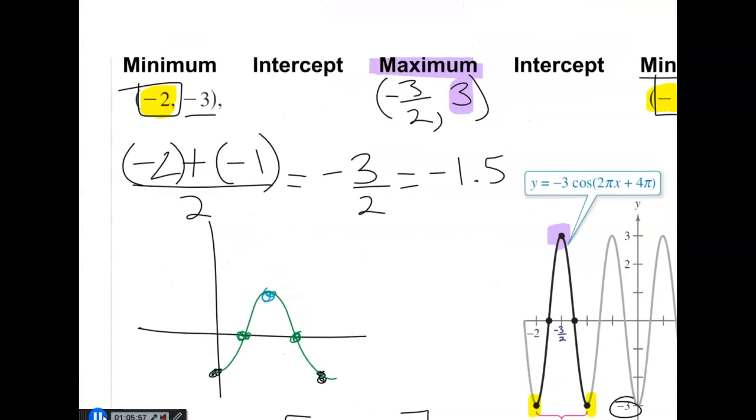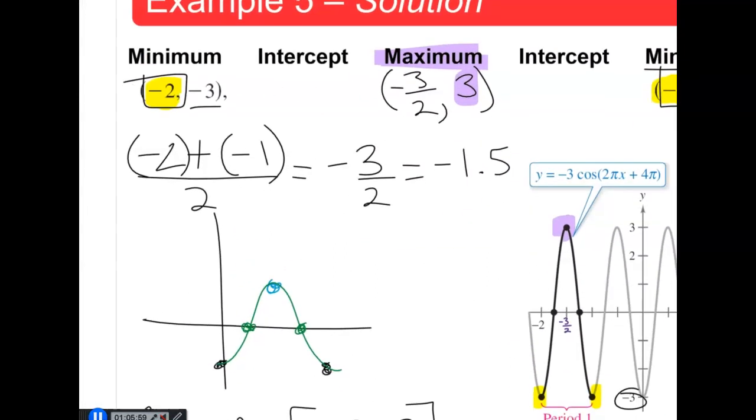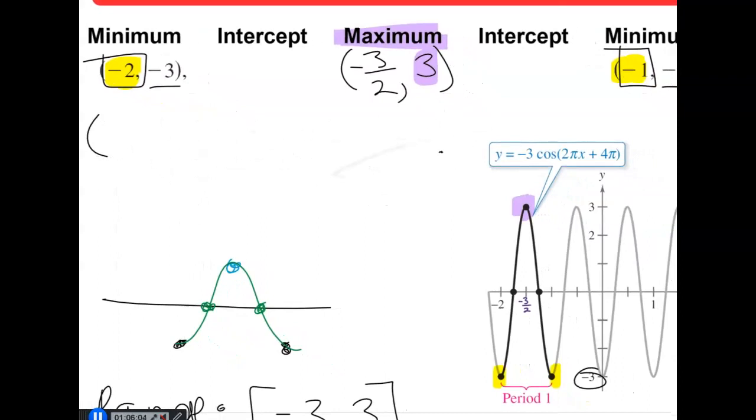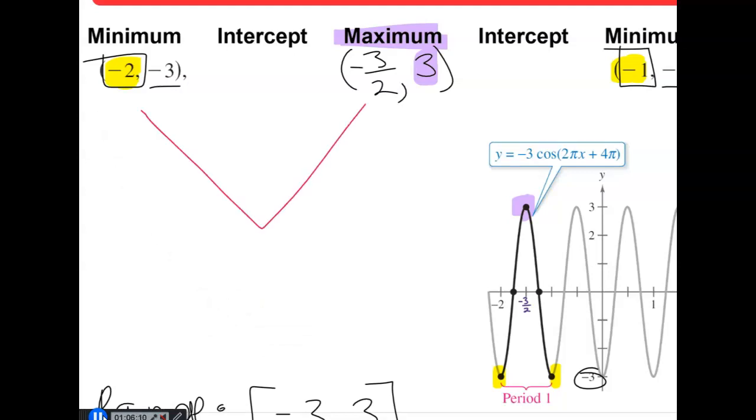Then after that, we move on to find our x-intercepts. To find those x-intercepts, I'm going to make some more room here. We're going to take the midpoint between these two x values. So we're going to use -2 plus -3/2 and divide that by 2.